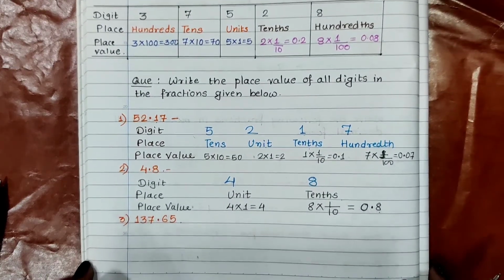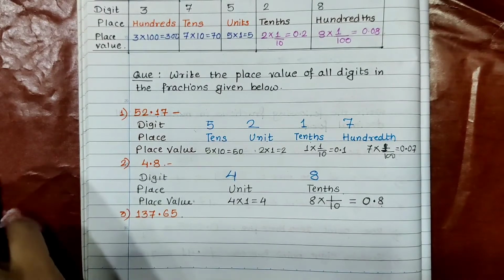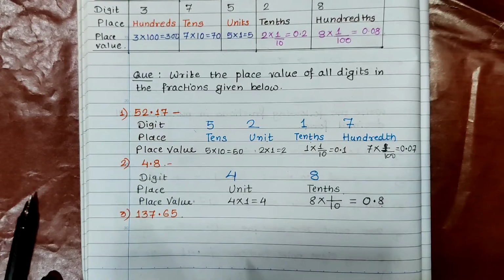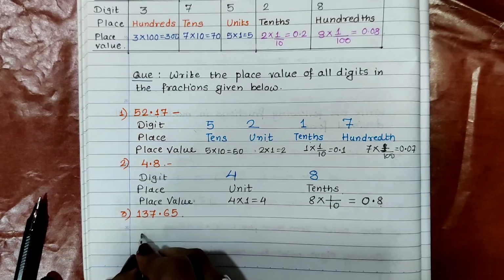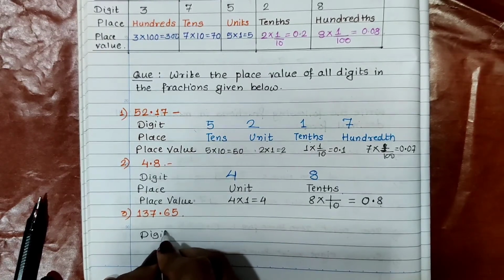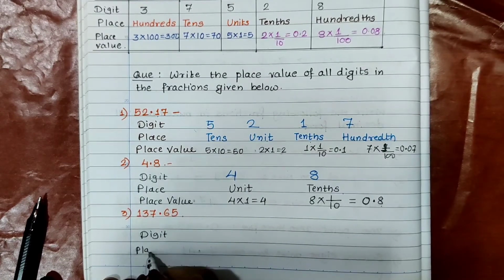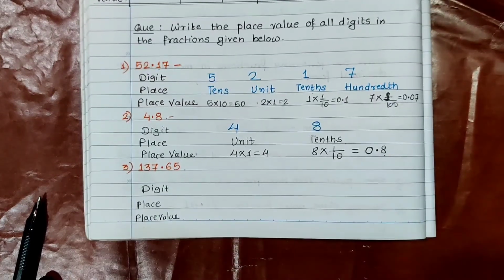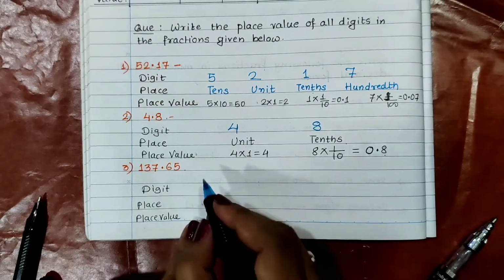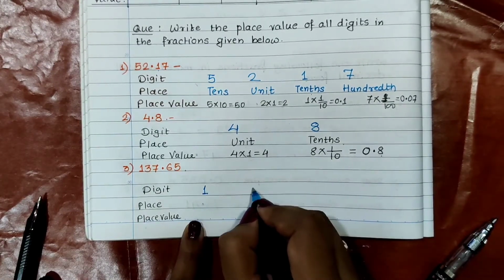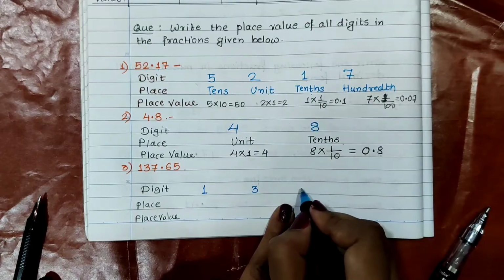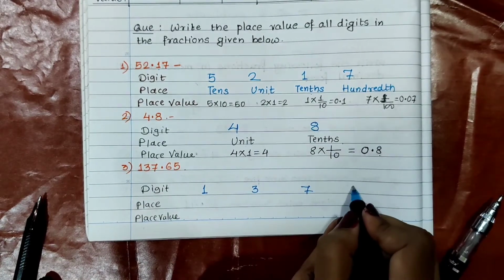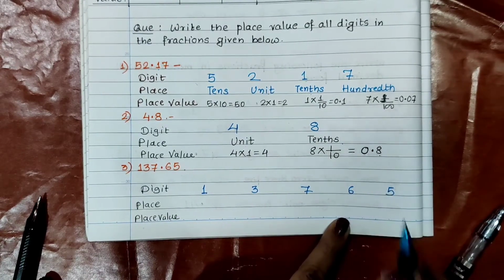Now the last one. We write digit, place, value. Let us write. First digit is 1, then 3, then 7, then 6 and last one is 5.